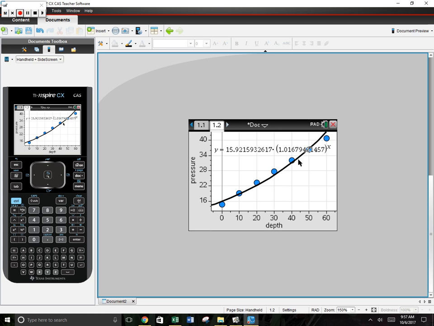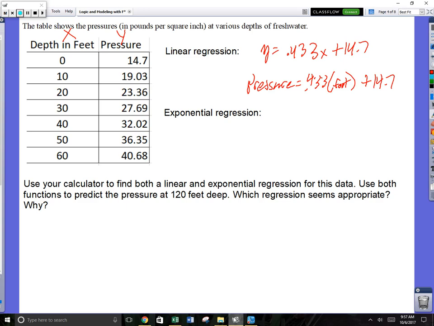If I round it just to 4 decimal places, my exponential regression is going to be this: the pressure is going to equal 15.9216 times 1.0168 raised to the foot. So we have used the calculator, we found both regressions, and we'll use both functions to predict the pressure at 120 feet deep.